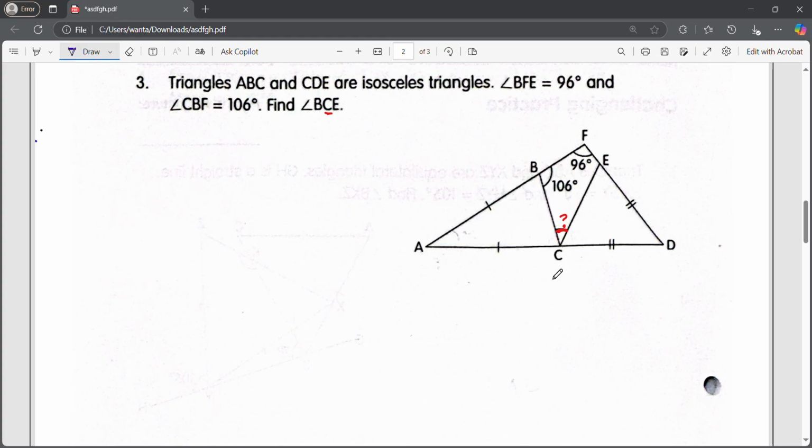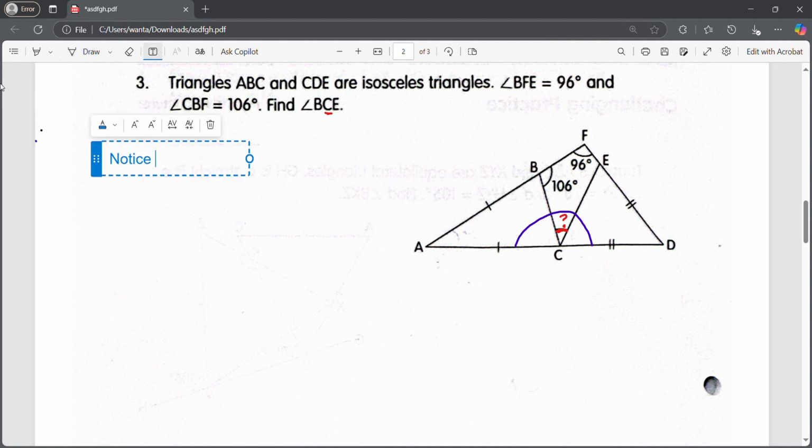BCE is not in a triangle that can help us. But if you notice, BCE is actually in a straight line with ACB and DCE, so that would help us. All we have to do now is find ACB and DCE.